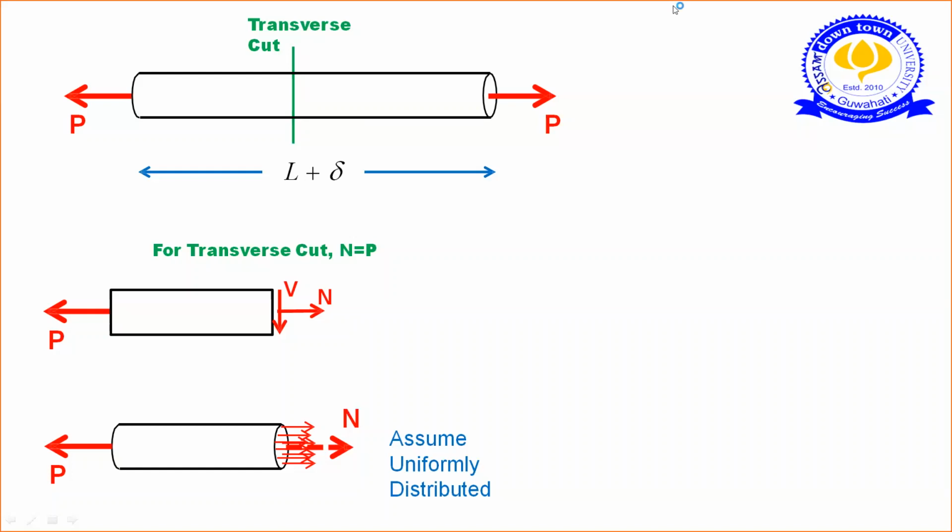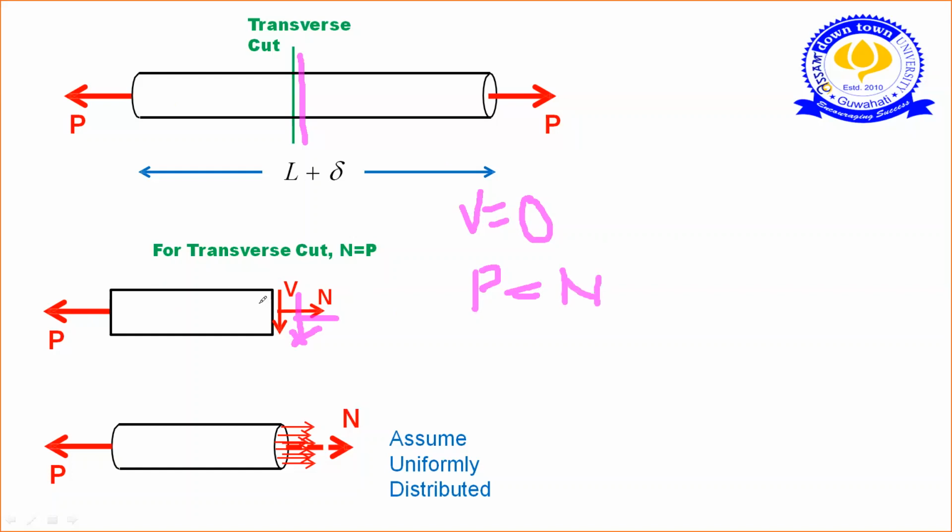If you want to see what is happening inside the rubber band, let's do a transverse cut on this section. So what will we get? If we resolve the forces, we'll get a normal force, and we'll get a shear force in this direction. If we equate the forces, V is equal to 0.